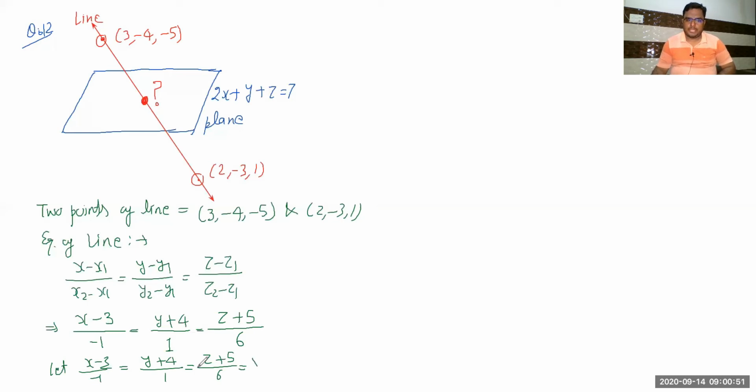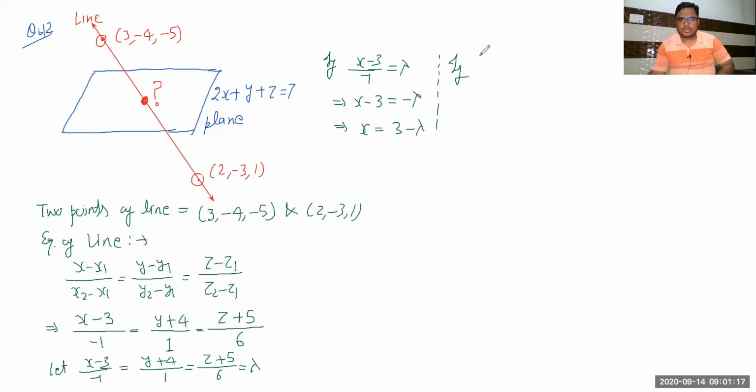So I'm taking lambda. If I take first and last term, (x - 3)/(-1) = lambda. This implies that x - 3 = -lambda, so x = 3 - lambda. Similarly, if we take second term and last term, (y + 4)/1 = lambda, so y + 4 = lambda, implies y = lambda - 4.